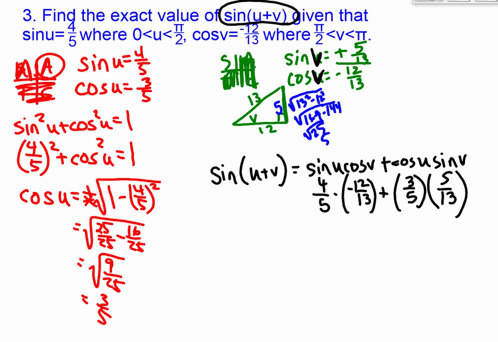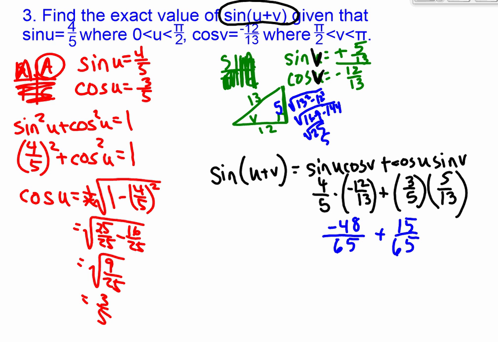And so this is where I was going to check myself, and I am good to go. Notice that the denominators are the same, and as long as when we write these we anticipate these denominators to be the same, then when we're multiplying, we should still get denominators that are the same. So what is that? Negative 48 over, what's 5 times 13? 65. And plus 15 over 65.